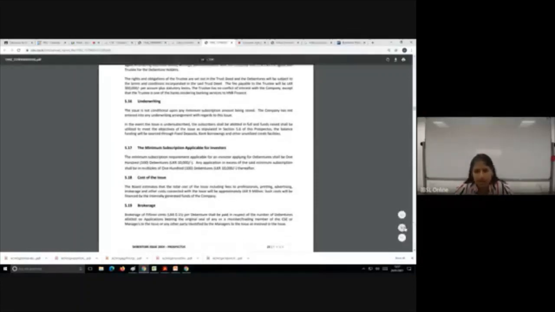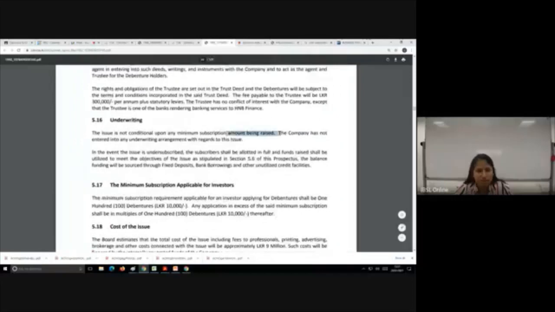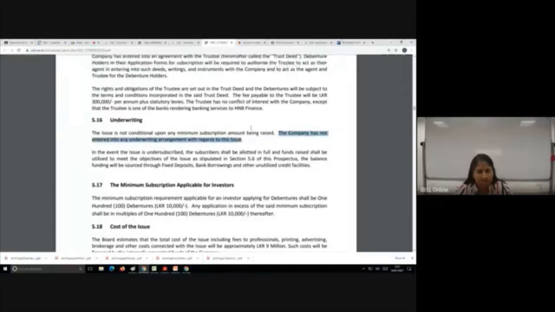See, the company has not entered into any underwriting, because again it's HNB Finance they're talking about, involved with HNB Bank.